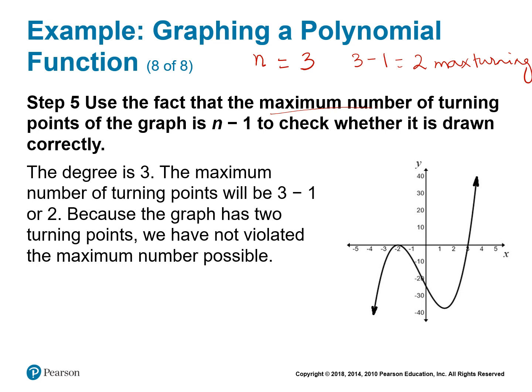So let's look at the turning points over here. There's a turning point at negative 2 at the x-intercept, and then it turns again somewhere between 1 and 2. So that satisfies this condition, this rule about the turning points.